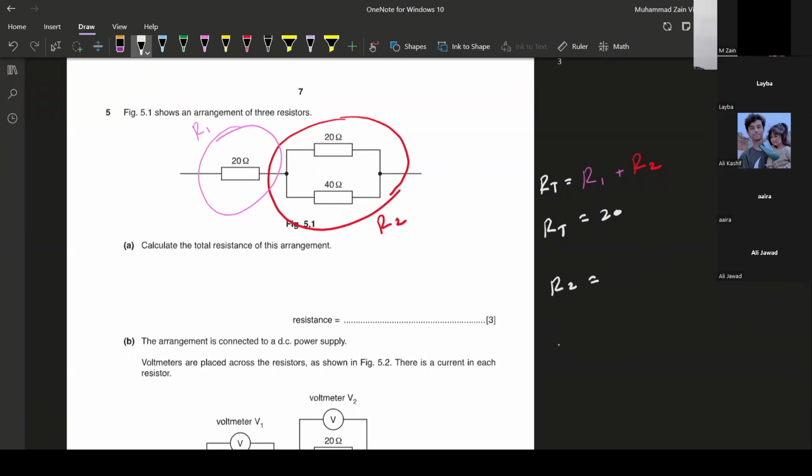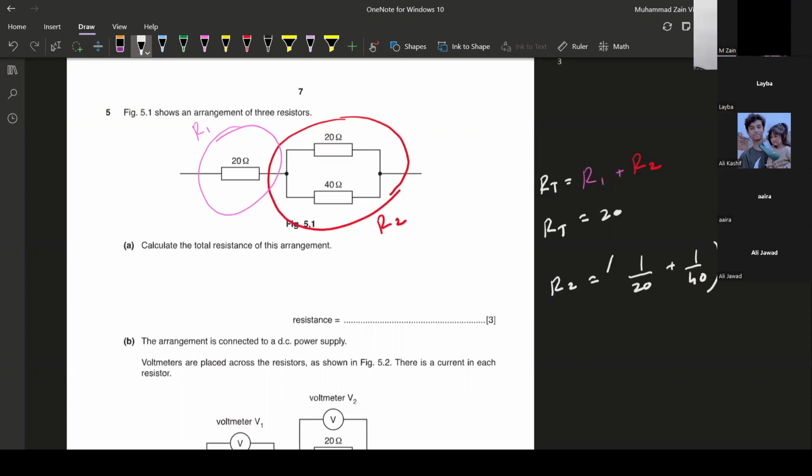the formula for when we add resistances in parallel is R total equals 1 over R1, like we just keep on adding those resistances. Right now, R1 and R2 might confuse you, so I'm not writing it. So if I use the formula, I'll get (1 over 20 plus 1 over 40) to the power minus 1.